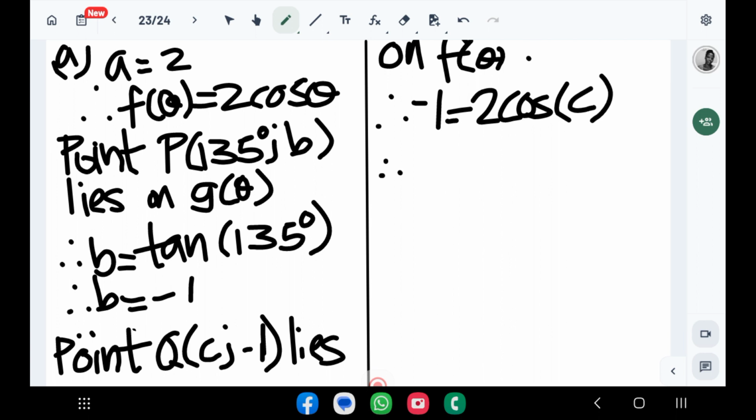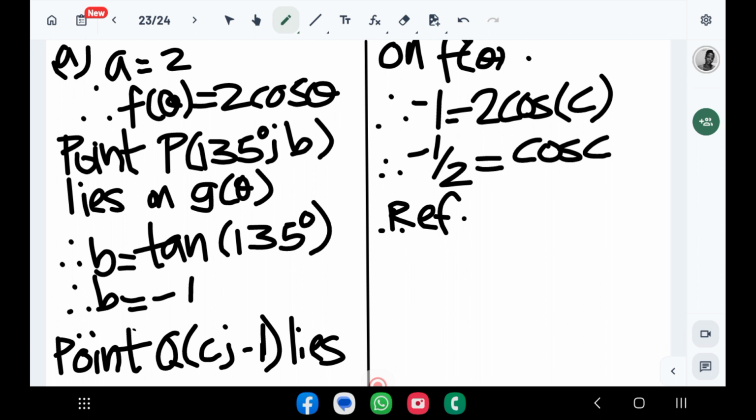Therefore, divide both sides by 2. You're left with -1/2 on the left hand side equals cos of c. And now we find the reference angle. The reference angle is c equals cos to the -1 of +1/2. That's the reference angle.